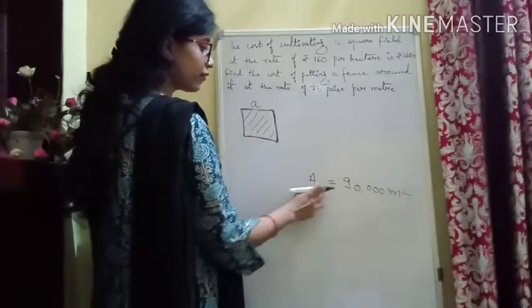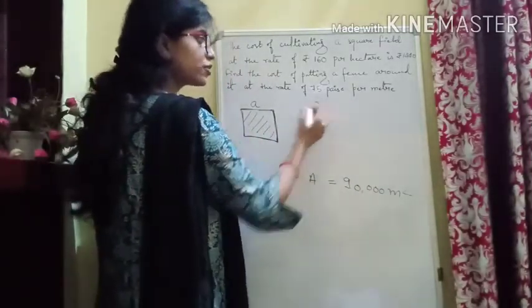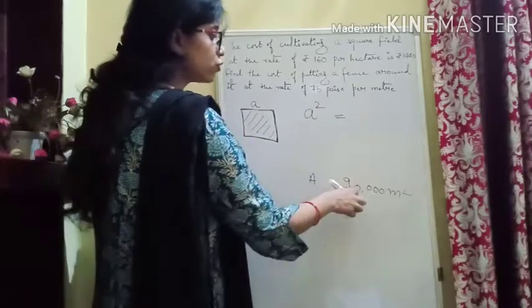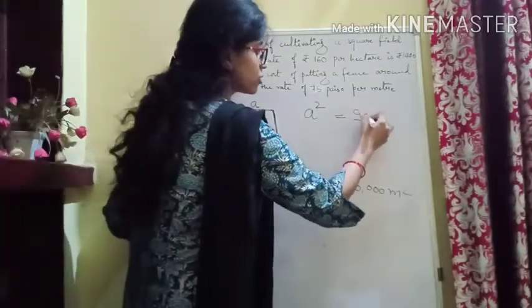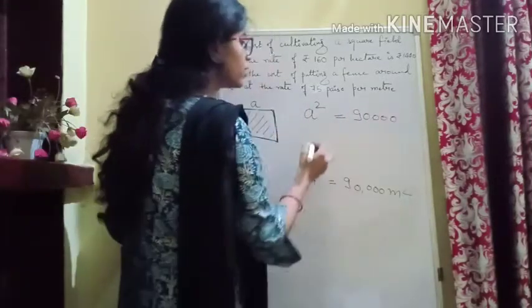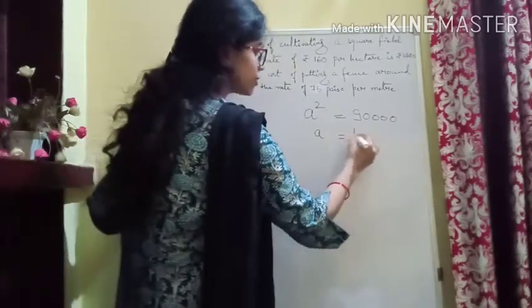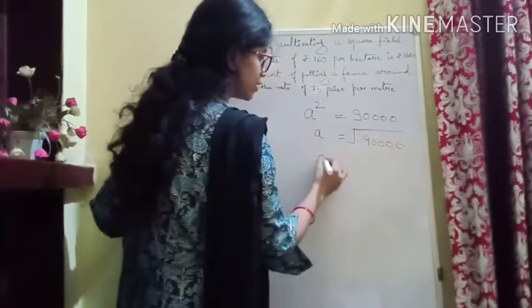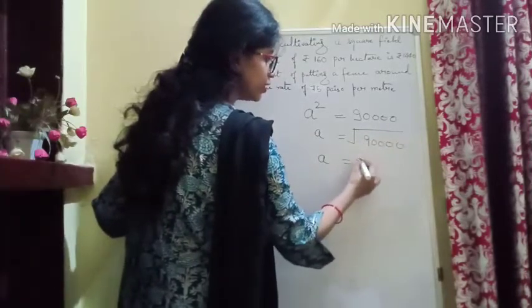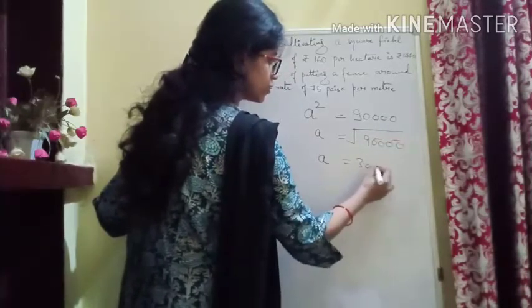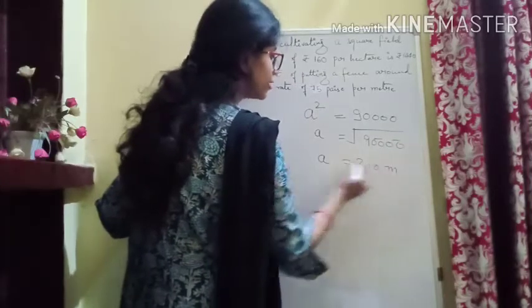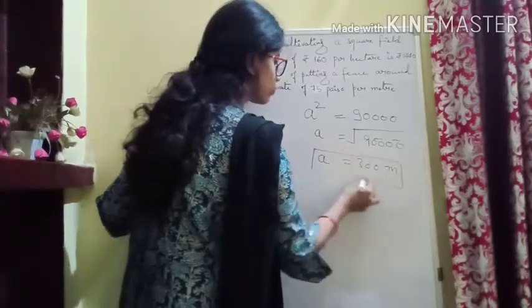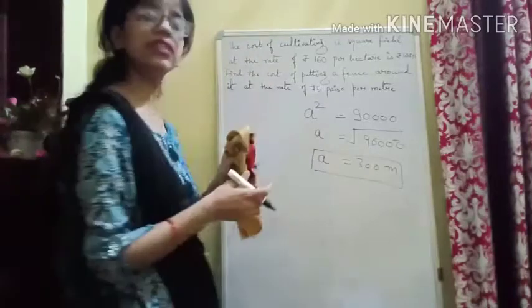The area will be A square, side square, and that will be equal to 90,000. When you calculate the side, it will be the square root of 90,000, and then when you pair it, 3, and then we have 00. That means one side of the square is coming 300.